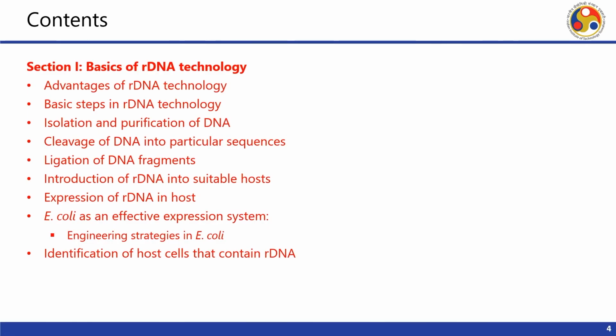So this particular section has the following content. Number 1, we will begin with a discussion about the advantages of using recombinant DNA technology, then what are the basic steps of this technology, and then isolation and purification of DNA, which is the most important first step in recombinant DNA technology. Then cleavage of DNA into particular sequences.